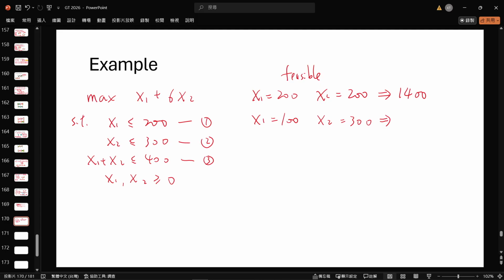This time the objective value will be 1900. And since we want to maximize this sum, clearly we should choose this one instead of the first solution, because this yields a higher objective value.